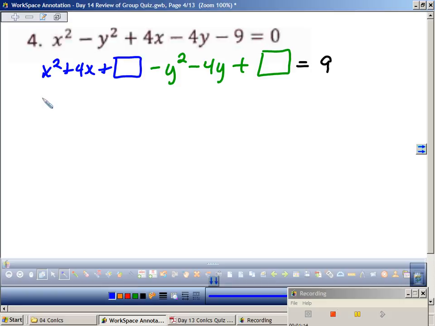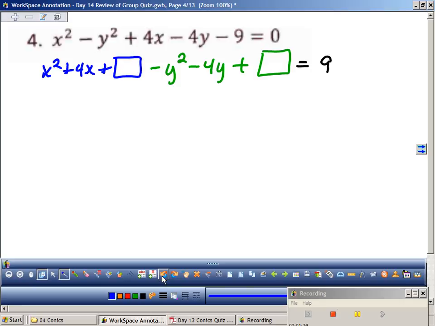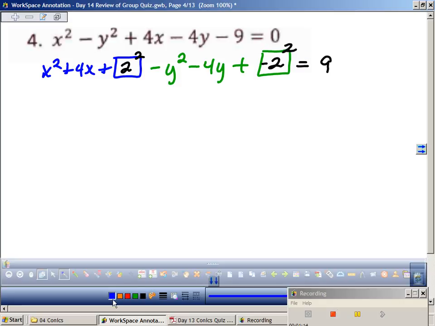What number goes in here? 2 squared. And what goes in here? Negative 2 squared. Only it's not a negative, because this is going to be x plus 2 squared.